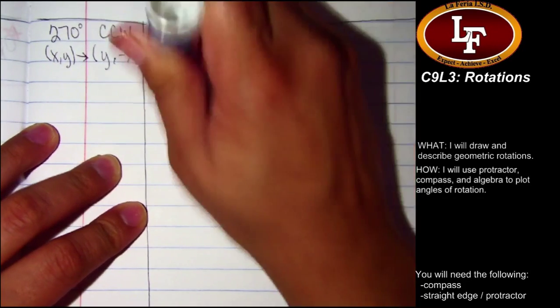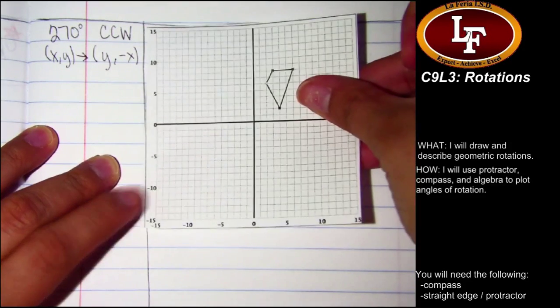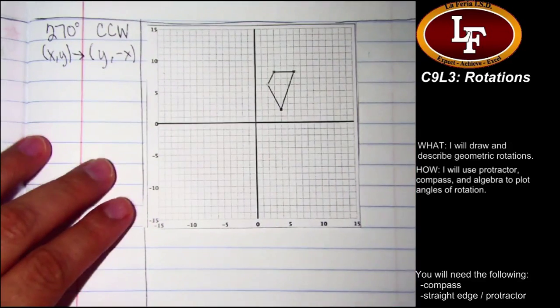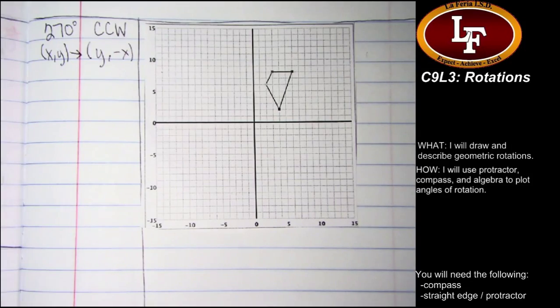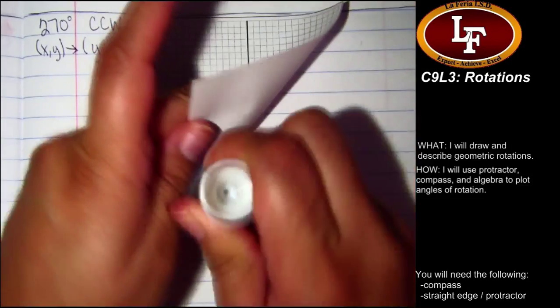What did it do? It flipped them and made the original x coordinate a negative value. All right.